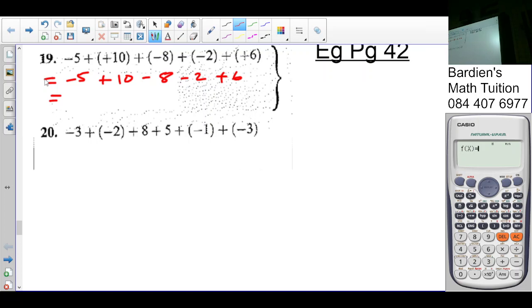Do you see it's 5? 5 minus 8? Is negative 3. Negative 3 minus 2? Negative 5. Negative 5 plus 6? You all agree? Yes, sir. It's 1.